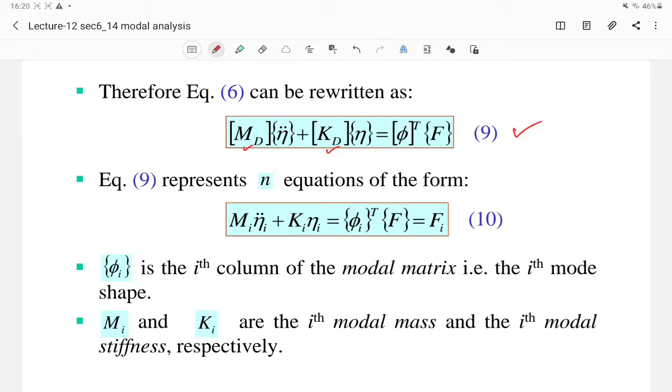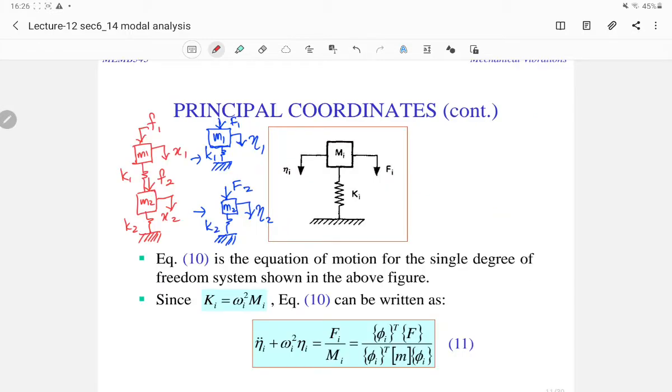Maybe in the next video you can see one of the examples, so you can easily understand how we solve for this. From there, you can represent it in terms of eta, and you can solve using the single degree of freedom system solution. In other words, to illustrate the process, look at this figure.